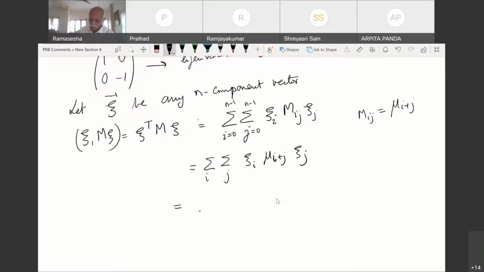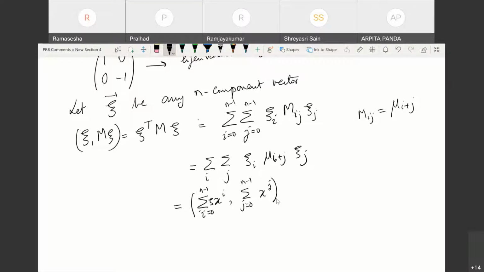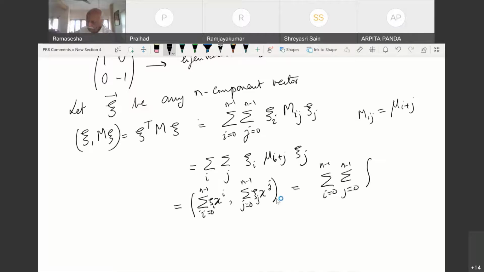But this is equal to sigma over i, x to the power i, sigma over j, x to the power j, psi i psi j, sigma over j 0 to n minus 1, psi i psi j, x to the power i plus j, w(x) dx. That is the definition of the moment.